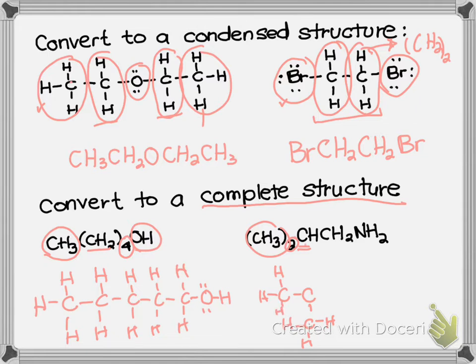Then I have the C, which I've already written, and then that C also has another H on it. Then I have a CH2, and my structure, remember they're not attached sideways. Then I have an NH2, so I have N, H, and it wouldn't matter if my H's were above or below. And then nitrogen needs 3 bonds and a lone pair that we learned in an earlier chapter.